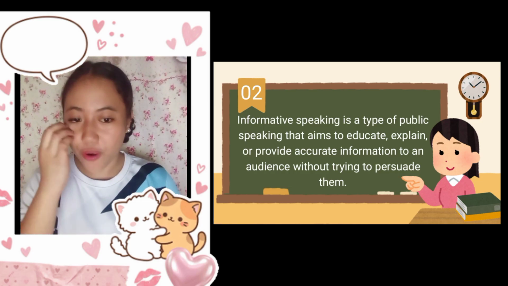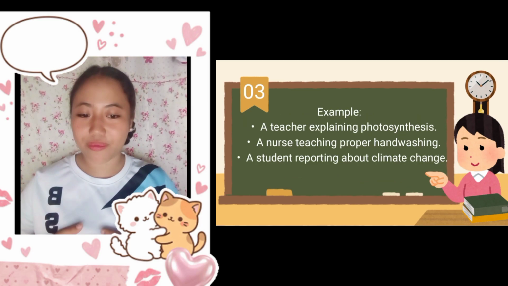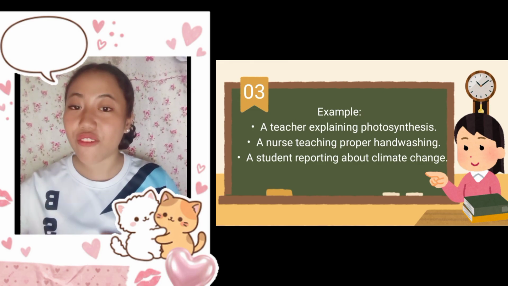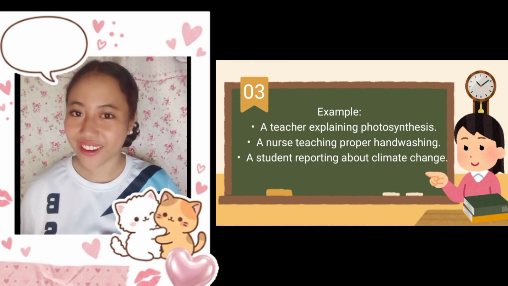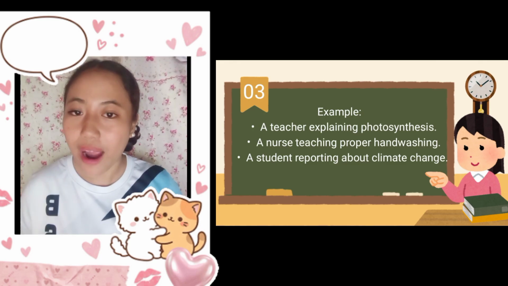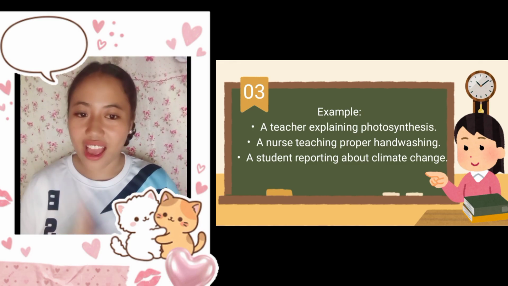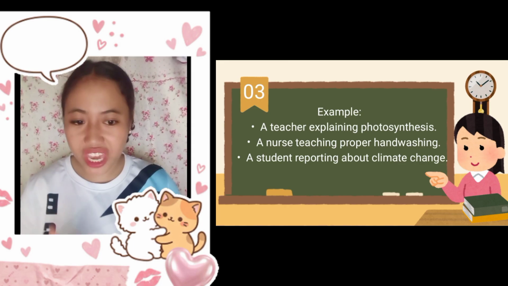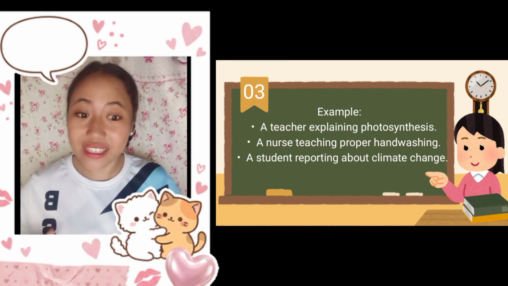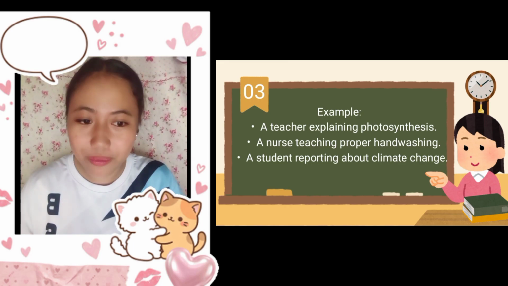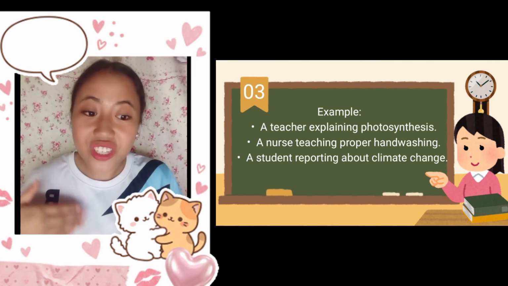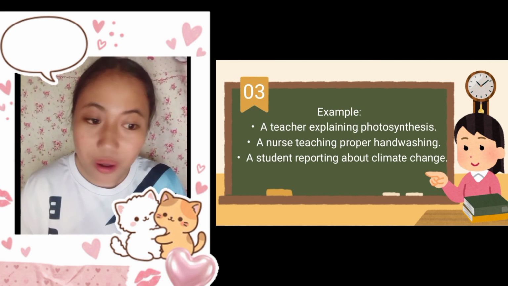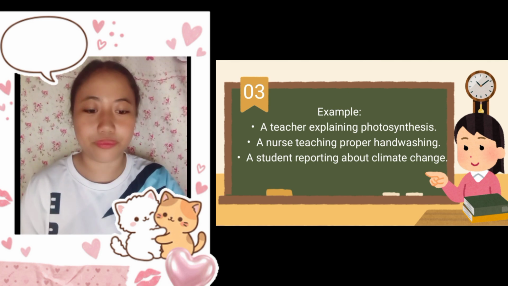It simply informs them. For example, a teacher explaining photosynthesis, a nurse teaching proper hand washing, or a student reporting about climate change. So it's giving information, or sharing their own knowledge on that topic.